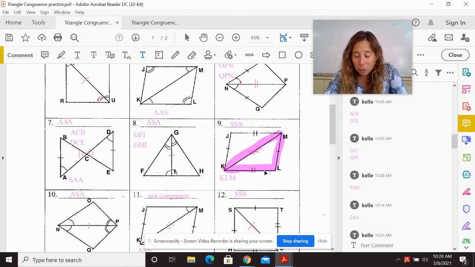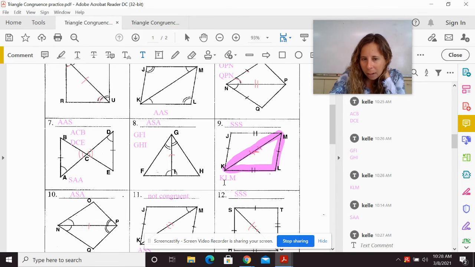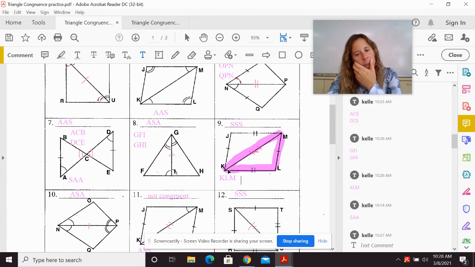So now you're going to match up your sides. We've been relying on our angles a lot. Now we have to rely on our sides because it's side, side, side. So side KL is congruent to which side of the other triangle? This side, right? They both have the 2 markings.